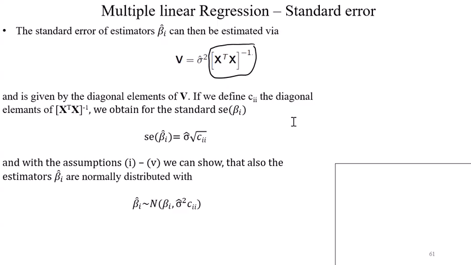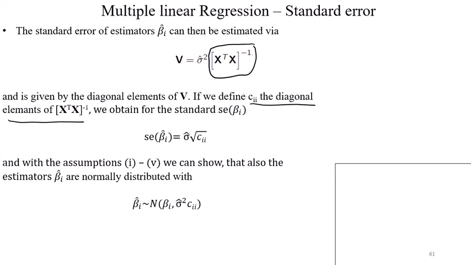And then we can define from this for our errors that this is more or less the diagonal elements of this inverse matrix.